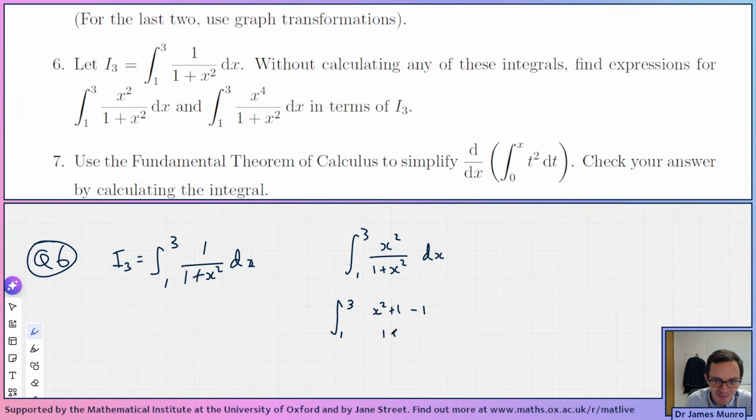Here's a true fact. I can add 1 and subtract 1 because I so desperately want to see x squared plus 1. And then if you remember in question 2, we split a fraction into 2 terms. That's what I want to do here. I want to split this one, the one that I can do. Okay, there's a minus sign. But this bit is the thing that you integrate for I3.